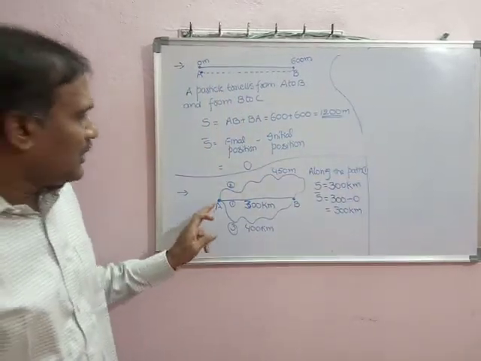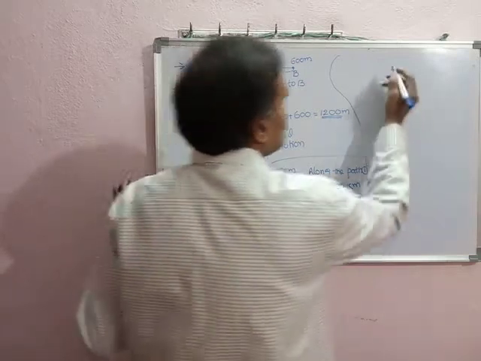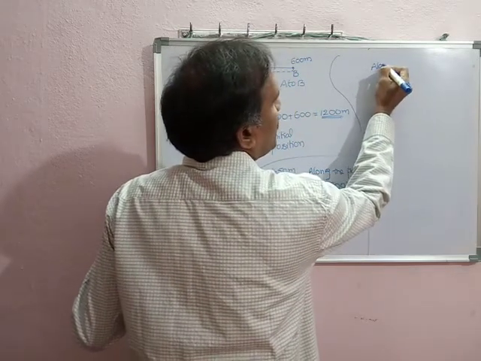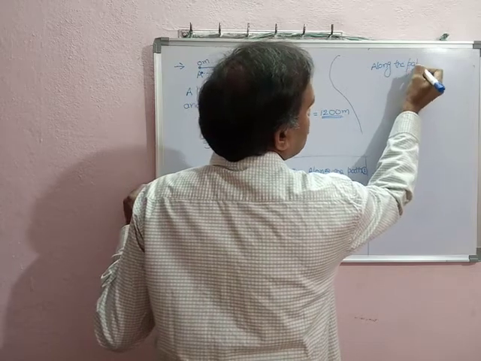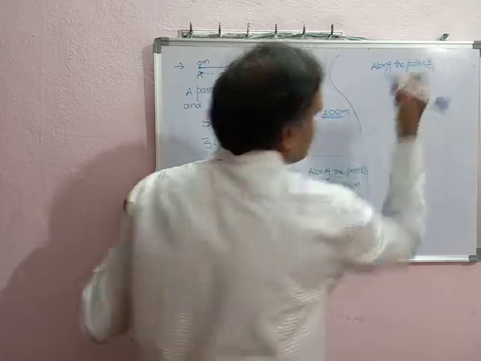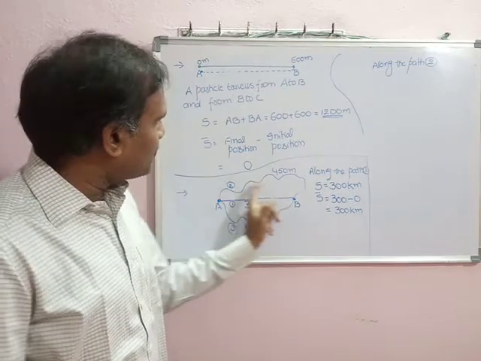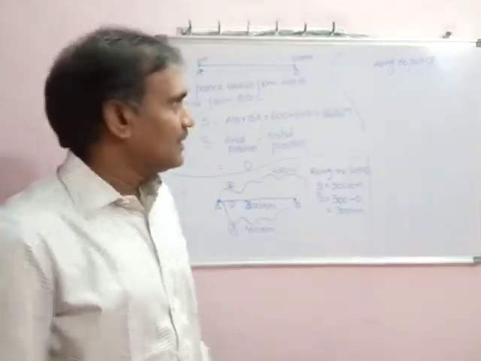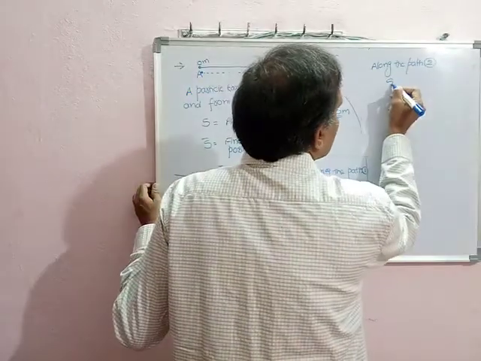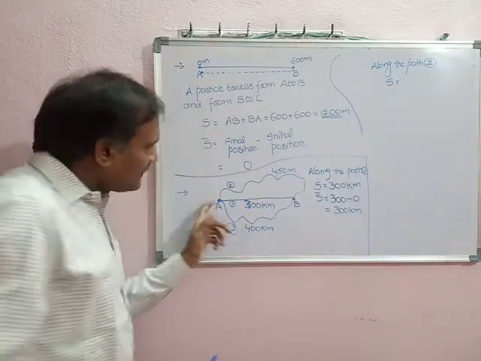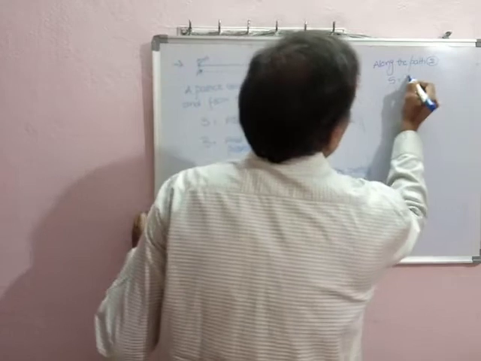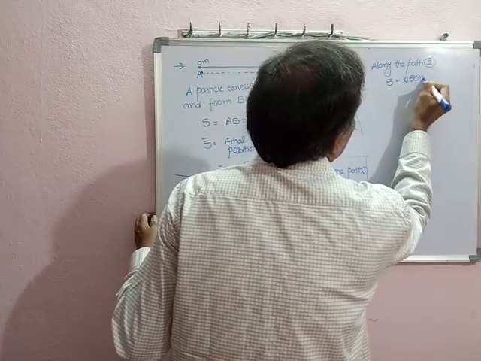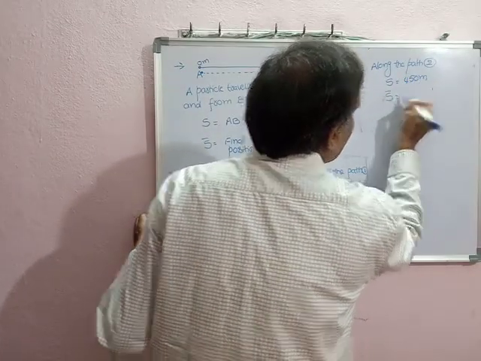Now, if you consider the path 2, along the path 2, what is the actual length of the path traveled by the particle? 450 kilometers. Now displacement is equal to how much?